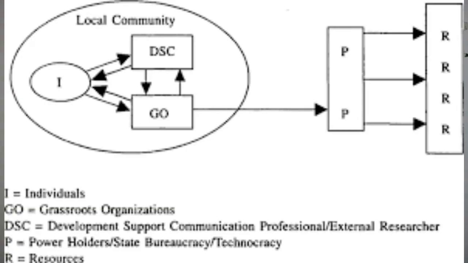The development communication theory and model enable building communication tools to address pressing issues in the community. In the Philippines, development communication is essential in communication building towards stakeholders. As a developing country, grasping communication is the key to advancement. In a development communication model addressing the local community, there are 5 elements considered in communication for development in third world countries: individuals, grassroots organization, development support, power holders, and resources.